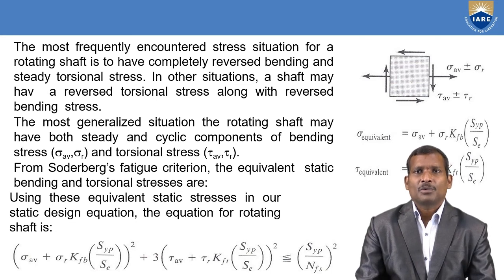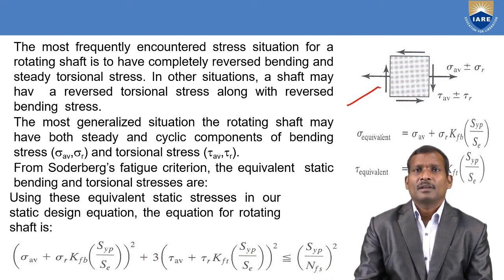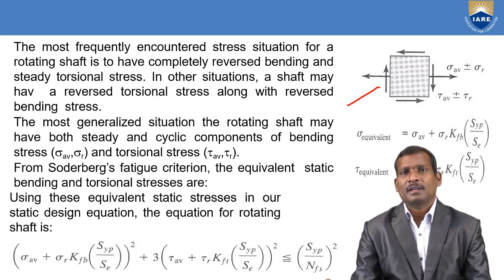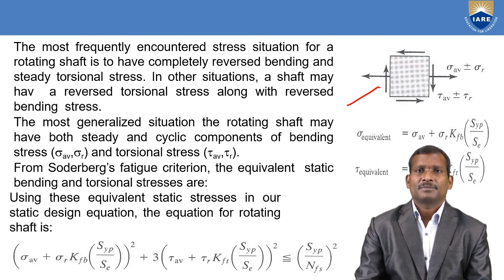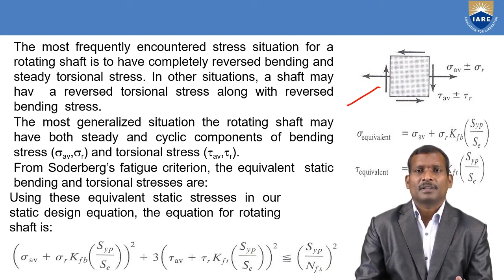Here is shown the most frequent stress situation for a rotating shaft: completely reversed bending and steady torsional loads. Sometimes a shaft may have a reverse torsional stress. In the most generalized situation, the rotating shaft may have both steady and cyclic components of bending stress and torsional stress.